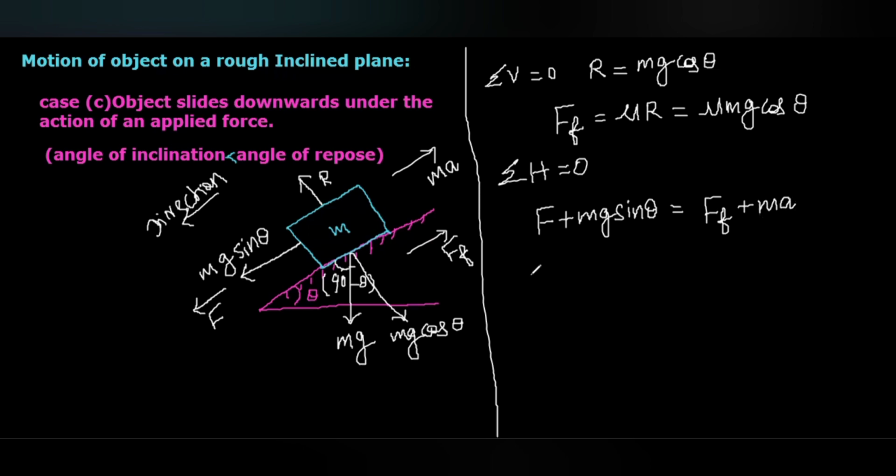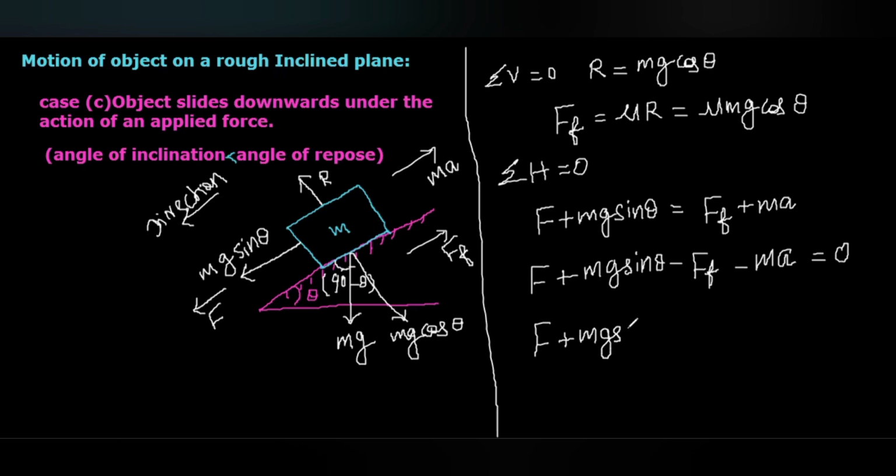Okay. So we can further simplify: F plus mg sin theta minus FF minus ma equals 0. That means F, external force, plus mg sin theta minus FF, mu mg cos theta, minus ma equals 0.